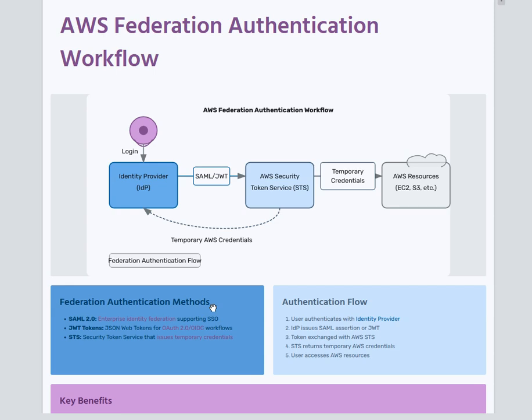What is the authentication flow? The user authenticates with an identity provider, like Gmail, Facebook, or anything like that. And the IDP issues a SAML assertion or a JWT token. Then the token is exchanged with AWS STS, the Security Token Service, and AWS STS gives a temporary AWS credential.